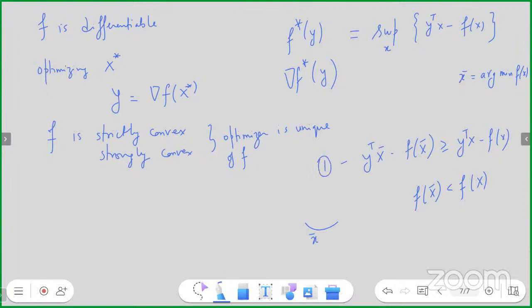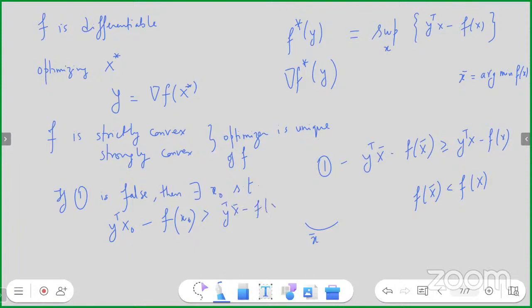Then there exists at least one x naught such that y transpose x naught minus f of x naught is greater than or equal to y transpose x bar minus f of x bar. Okay, so far so good.